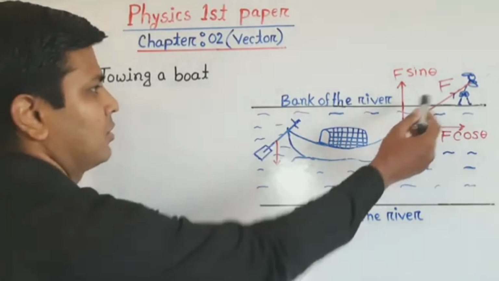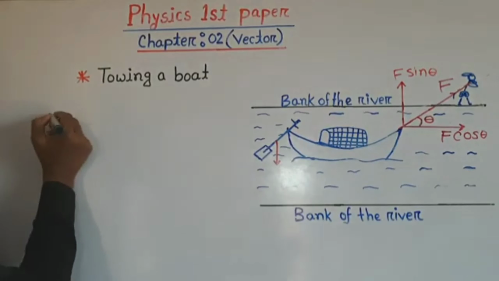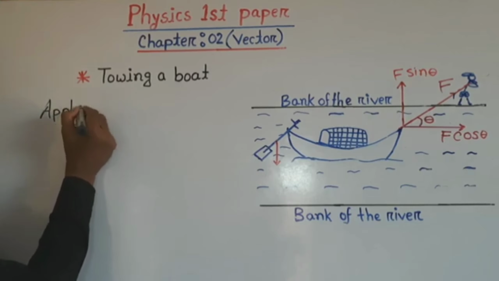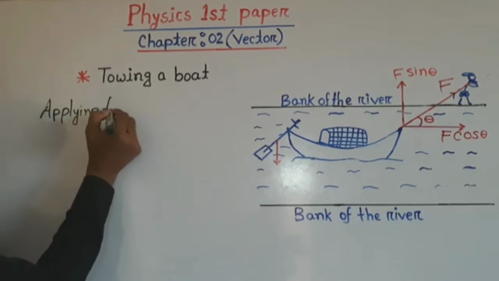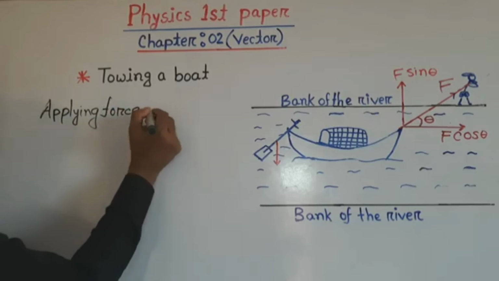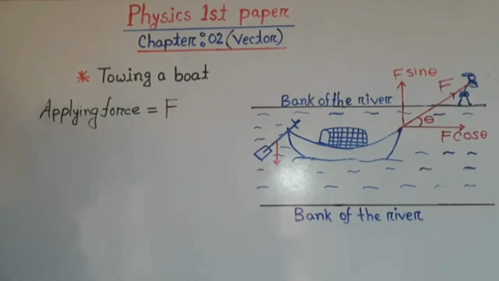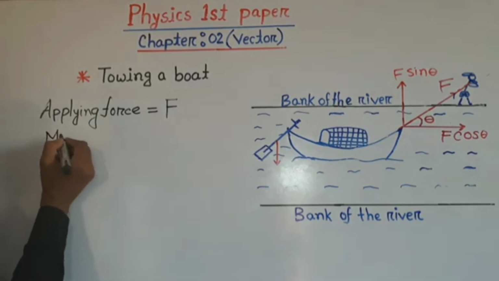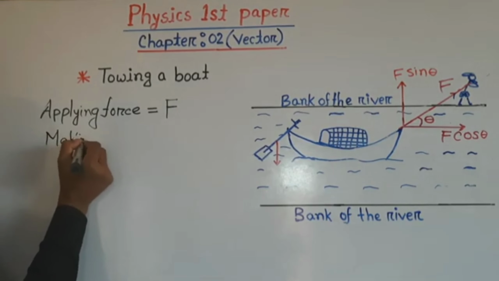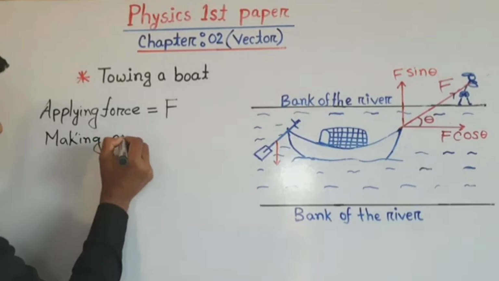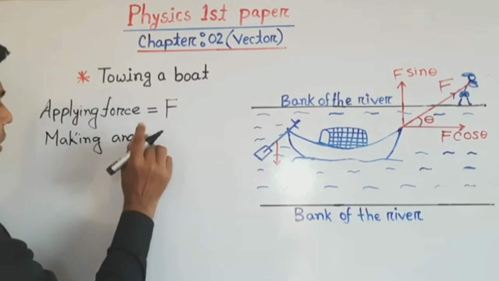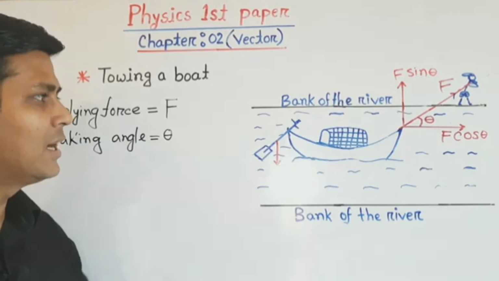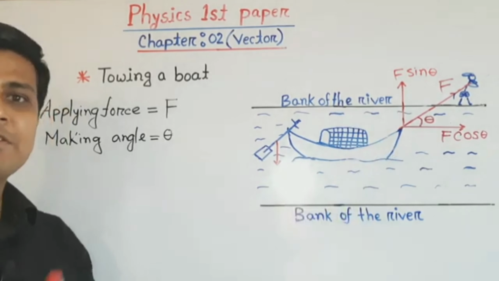Here the applied or pulling force is F, and the angle made with the horizontal plane by the rope is theta. So we can write: making angle equals theta. And you can see here the horizontal component will be effective.